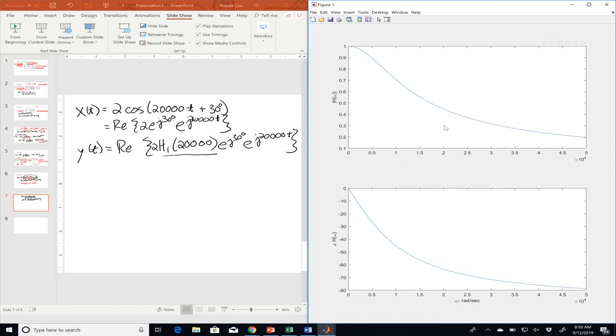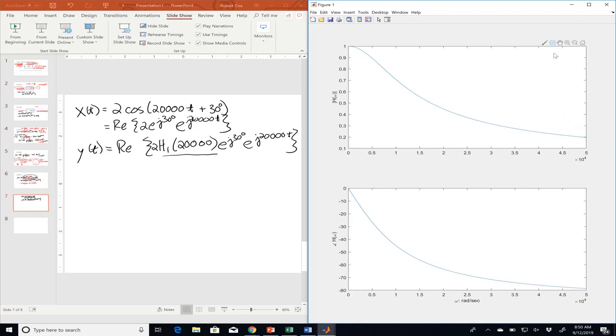What I want to do is evaluate the magnitude and the angle at 20,000. I see that my x-axis here has 2 times 10 to the 4th. Notice that this is a little deceptive. It looks like this is 2, but I have to pay attention to the fact that all of the numbers on the x-axis are multiplied by 10 to the 4th.